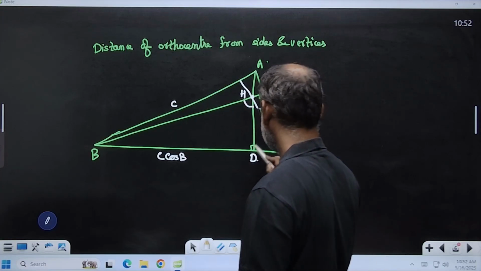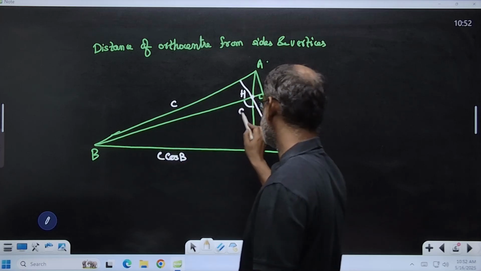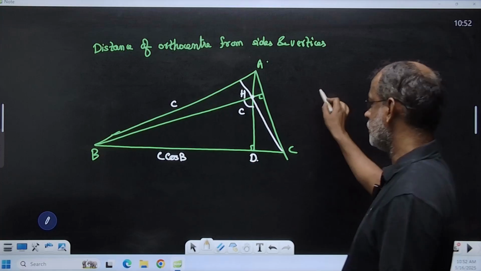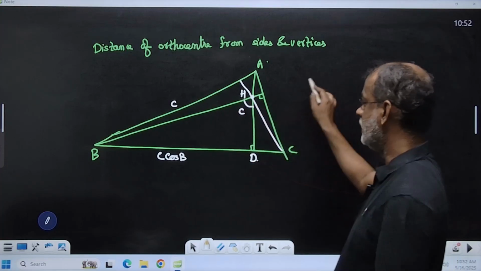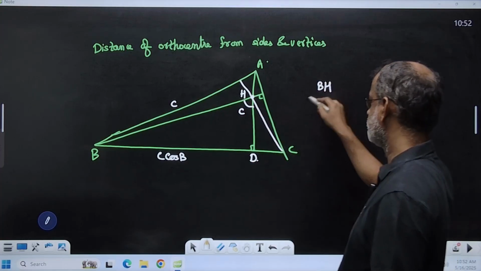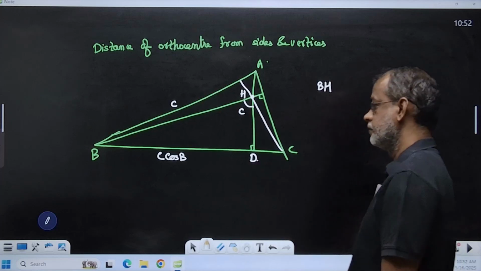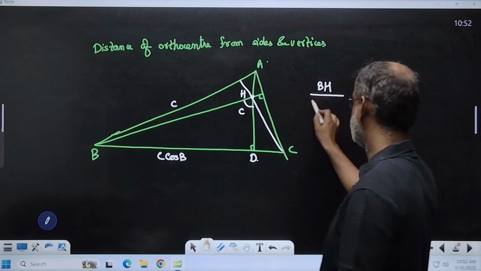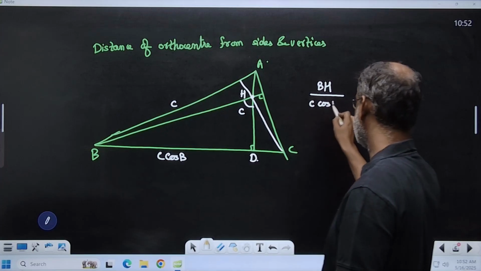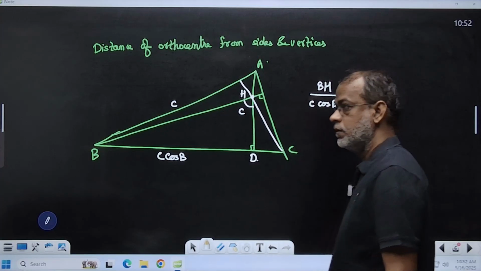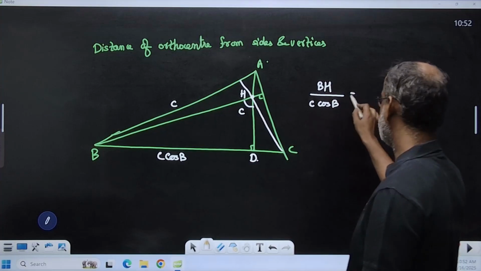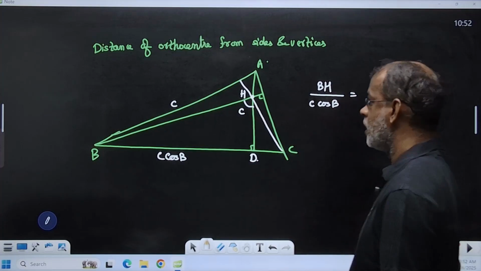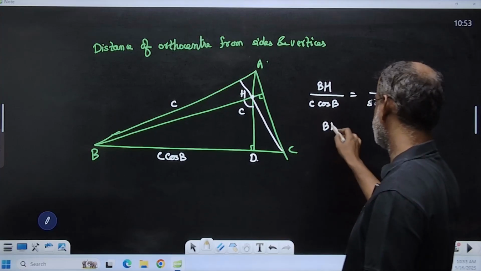This angle is 90 minus C. So, you can say BH upon C cos B is equal to 1 upon sin C. So, what is BH?